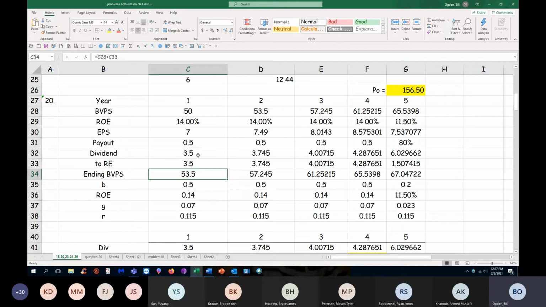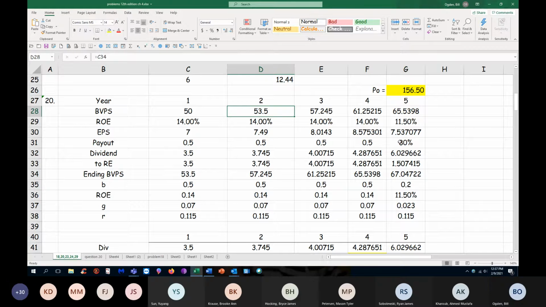So the ending book value of 1 year is the beginning book value of the next. So we just continue this process just as we did in table 4.4, except this one begins constant growth in year 5. So in year 5, the ROE drops to 11.5%, and the payout ratio is increased to 80%.